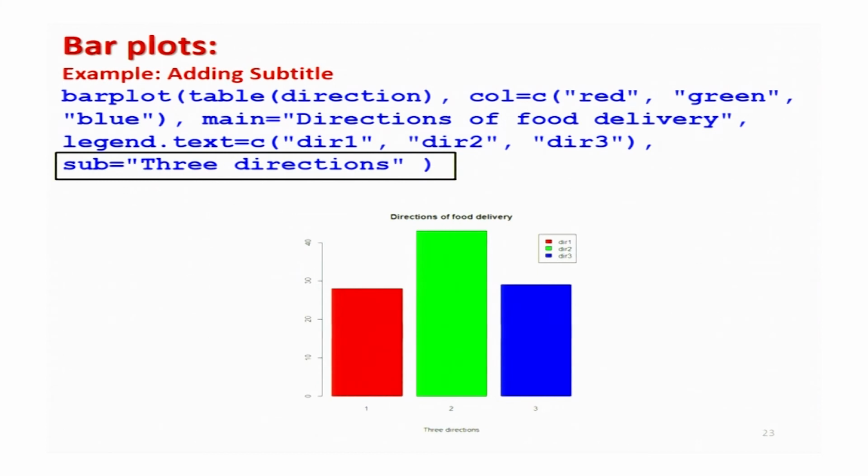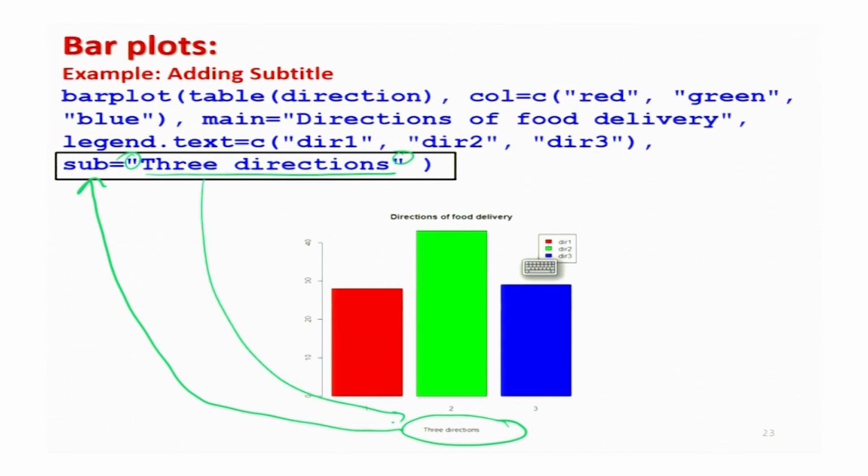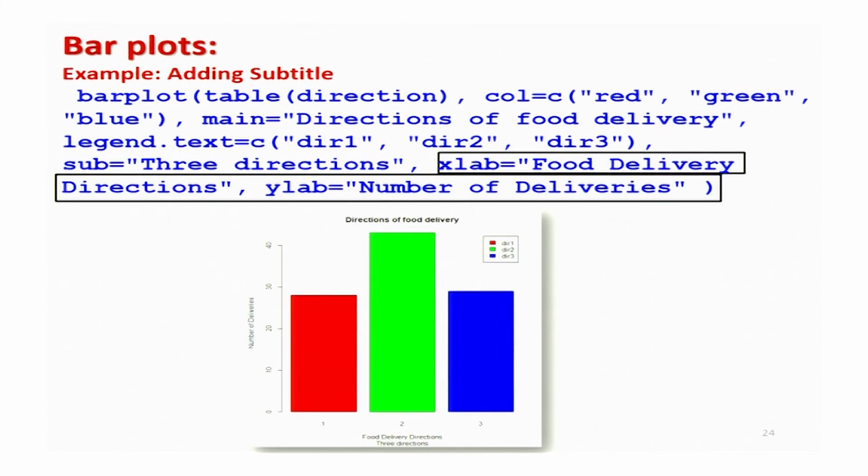Right. Now in case you want to add some subtitle to this graph, suppose I want to add here, as you can see, I have written 3 directions. In order to do this, I am using the command sub is equal to, and it is produced here. This is how you can add the subtitle. Now similarly, if you want to add titles on the axes, then you have the commands xlab and ylab.